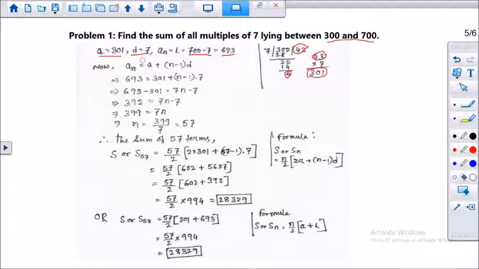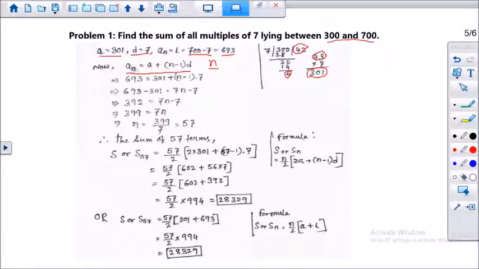Now students, in the previous class we have learned one formula to find any term of an AP series. So here we have to apply this formula. Why this formula? Because we have to know how many terms in this limit are multiples of 7. So we take n as the number of terms which are divisible by 7.